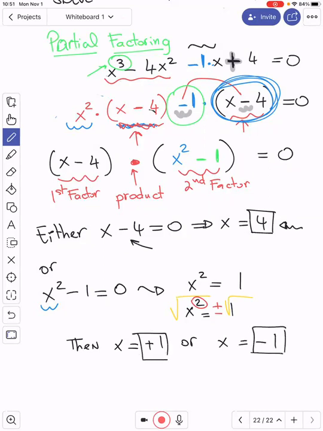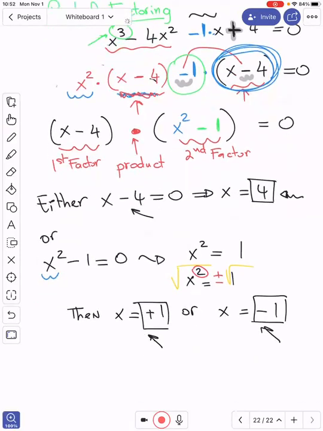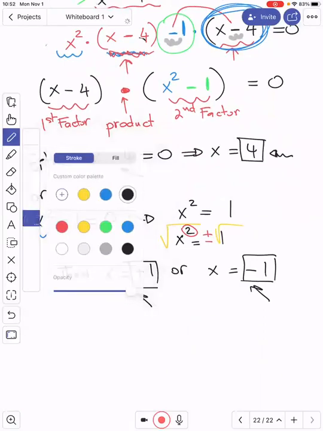So in total, we have 3 different solutions, as expected, right? Each solution is just a one-time solution.